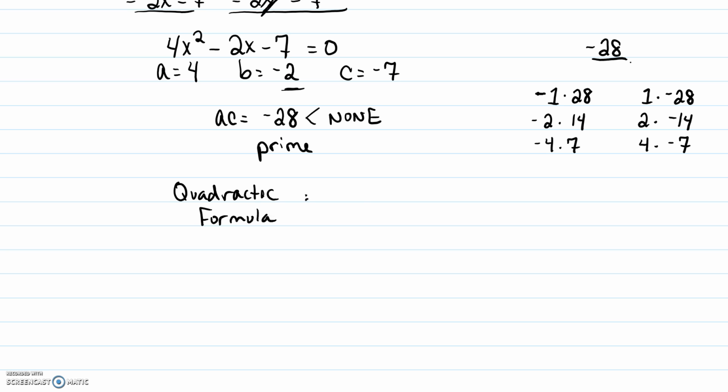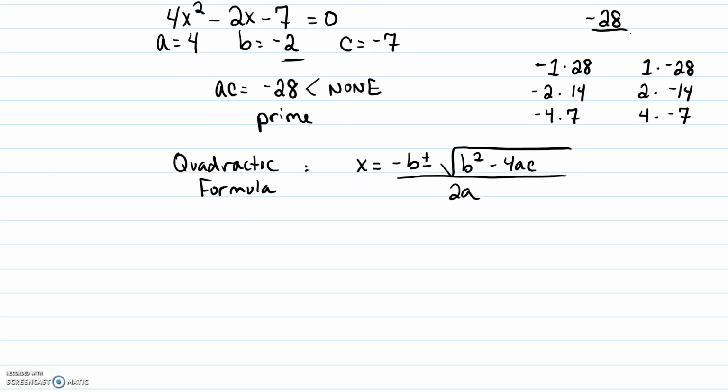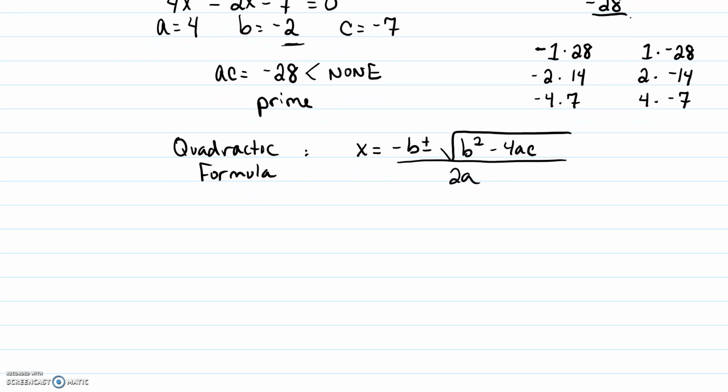So our quadratic formula is x equals negative b plus or minus the square root of b squared minus 4ac, all of that divided by 2a. Alright, so let's use our a, b, and c and start plugging in values.